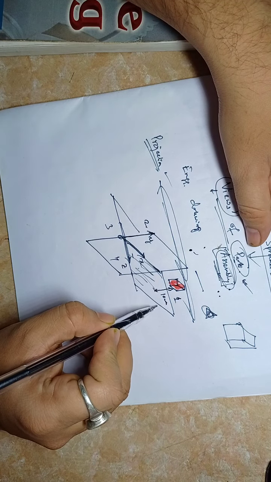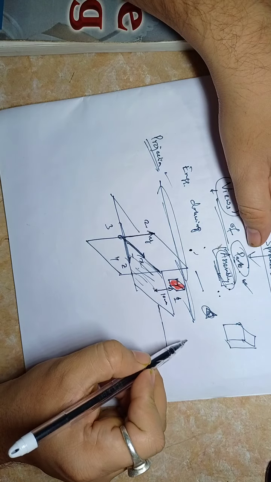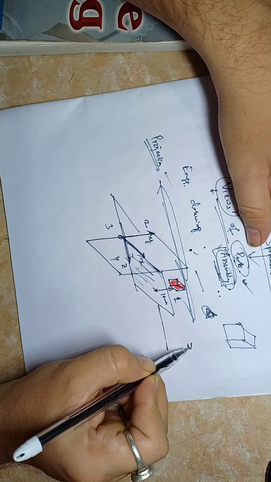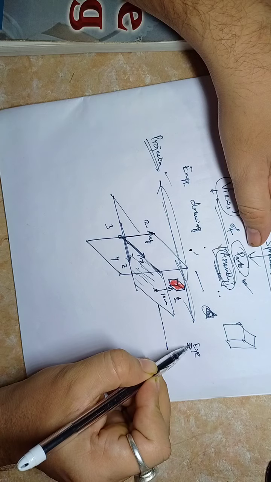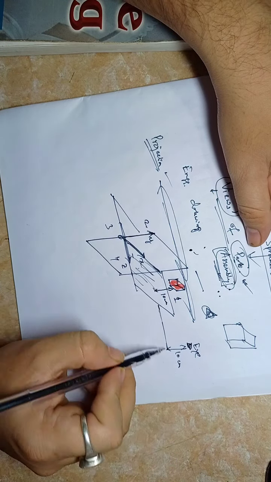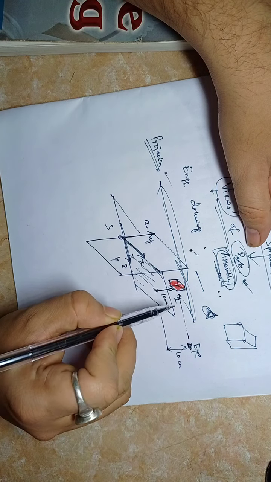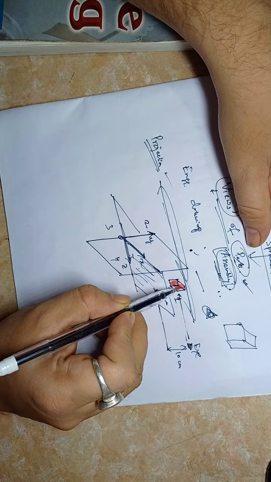So if you are present in this plane itself and you are viewing exactly, this is your eye, and your eye is exactly at the level of 10 centimeter, same height. Then you will be looking at this face of your object.